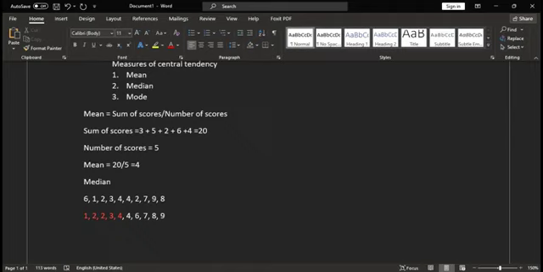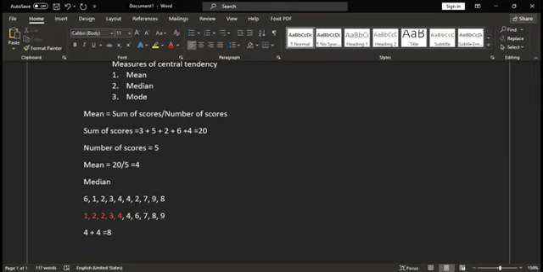Remember from our formula for getting the mean, it is the sum of scores over the number of scores. So we get the sum of these two numbers in the middle over their number. The sum is 4 plus 4, which gives us 8.